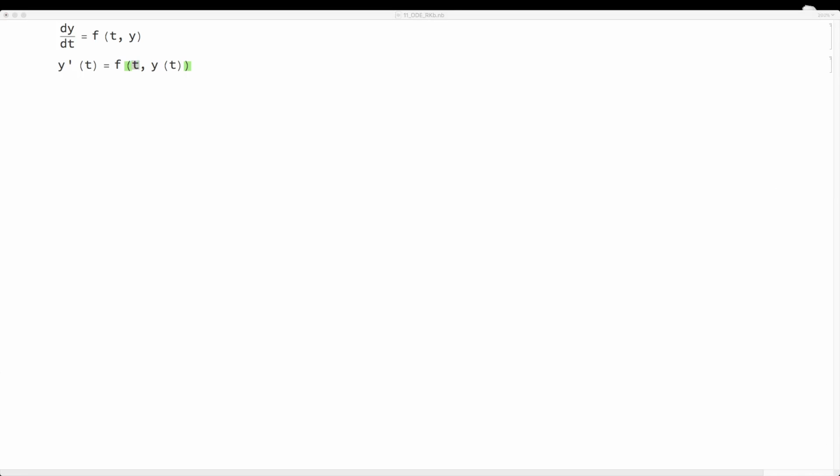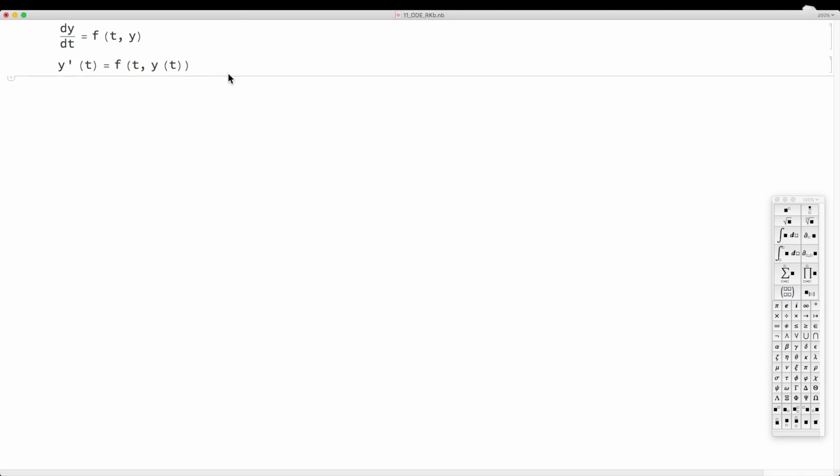One of the first methods that comes to mind for solving such a system numerically is the Euler method, which is based on a Taylor expansion. So let's consider a Taylor expansion of the function y that we want to solve for.